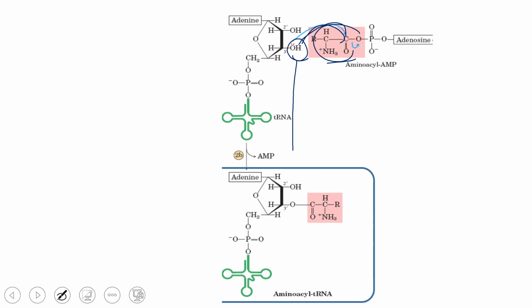The first stage is common in both cases. During the first stage, amino acid combines with ATP and gives you aminoacyl AMP, where the amino acid is loaded on the AMP portion. In the second stage, when we load onto tRNA, the difference comes: if it is mediated by the 2' OH and then transferred to the 3' OH, we call it a type 1 enzyme, and a type 2 enzyme transfers directly to the 3' OH only.